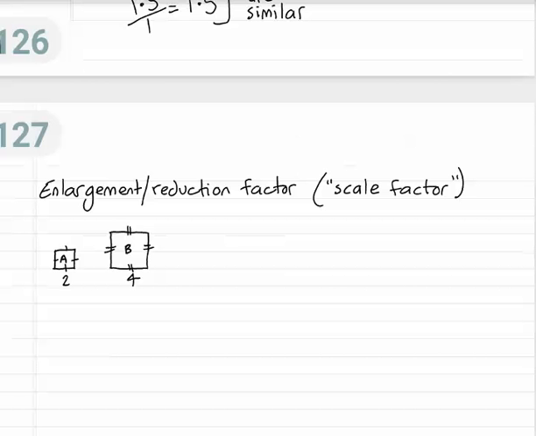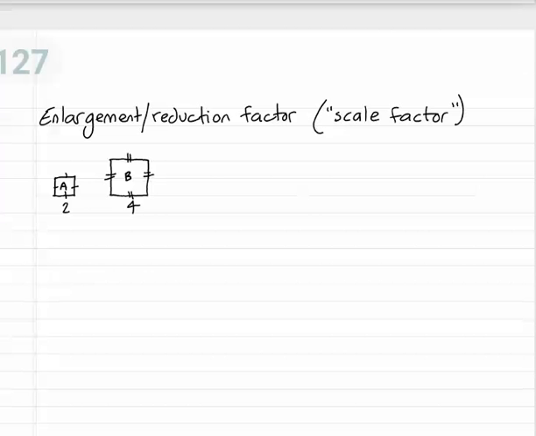Now what you have just found is called a scale factor. It's the enlargement or the reduction factor from one shape to the other. How do we know if it's enlargement or reduction? That's if we got smaller or larger. So if I started with shape A and changed to shape B, that would be an enlargement.